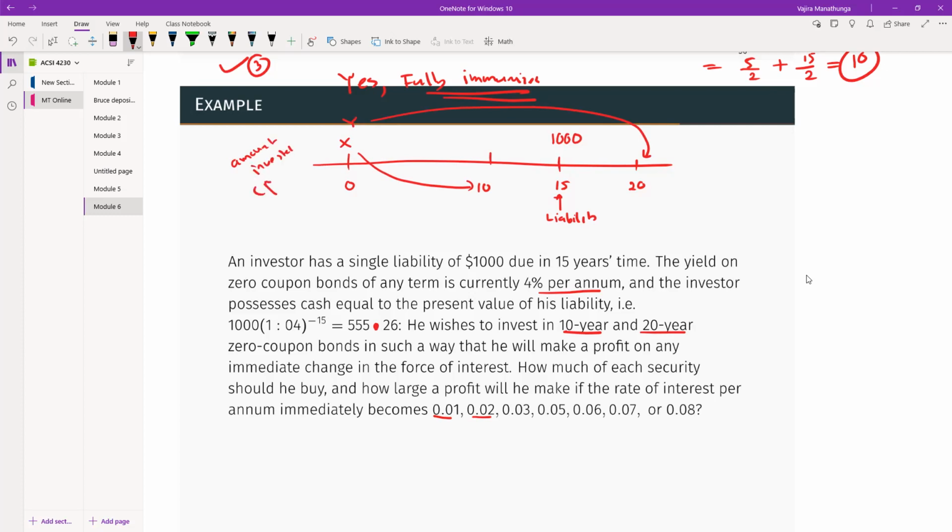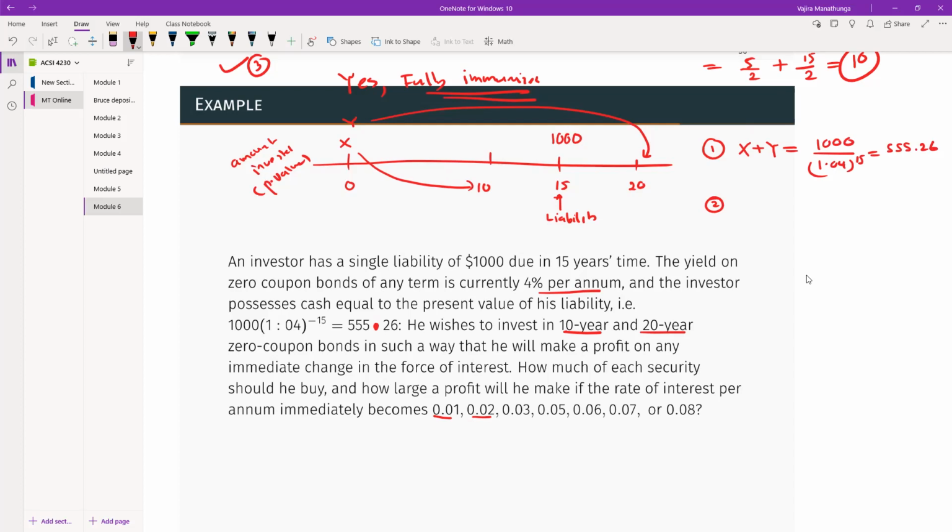So this is the present value. Okay. So let's write the equation first. Present value of assets: X plus Y equals 1,000 divided by 1.04 to the 15, which is given as 555.26. The second one, duration.